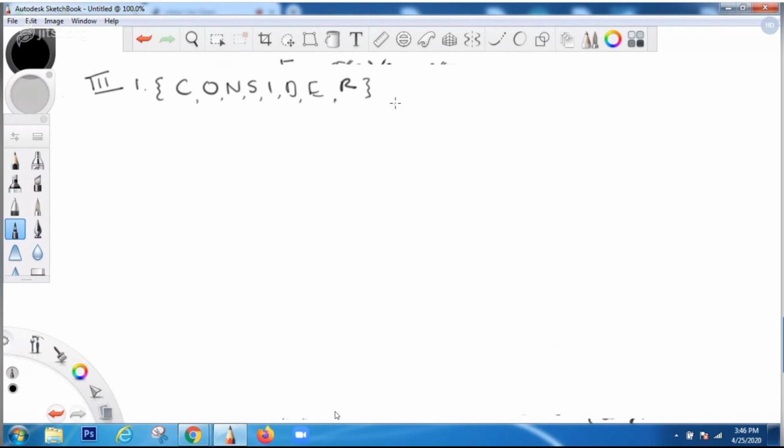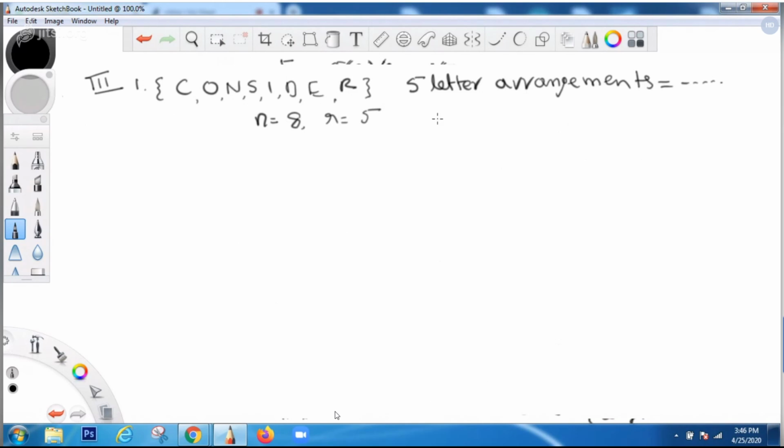Number of 5 letter arrangements is asked. How many letters are there? 1, 2, 3, 4, 5, 6, 7, 8. 8 letters are here, and we are considering 5 at a time. What is the value of n? 8, and r is 5.